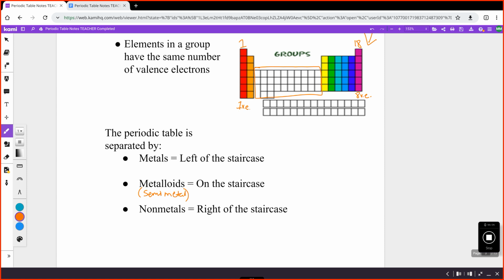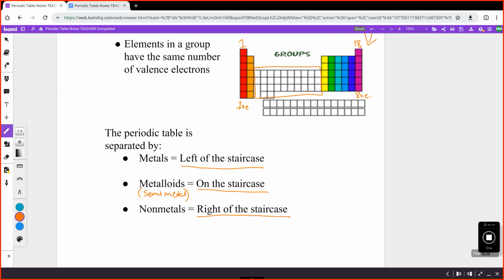But those 3 classifications will be given to every element. They fall into one of these 3 categories. So what I have here is that metals will always be to the left of the staircase, metalloids will be on the staircase, and nonmetals will be to the right of the staircase.